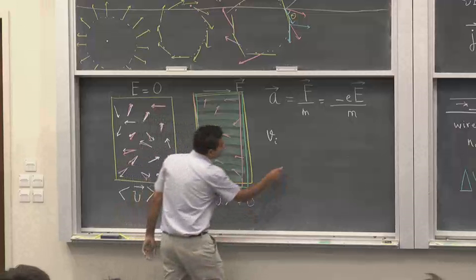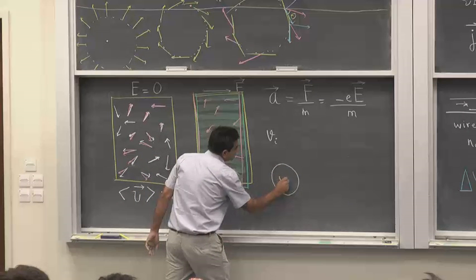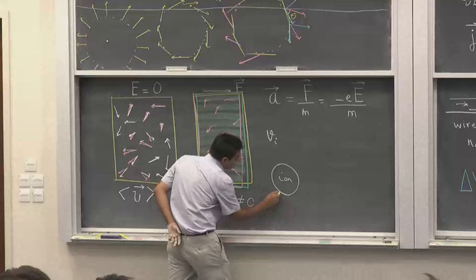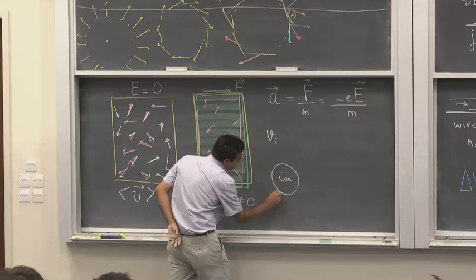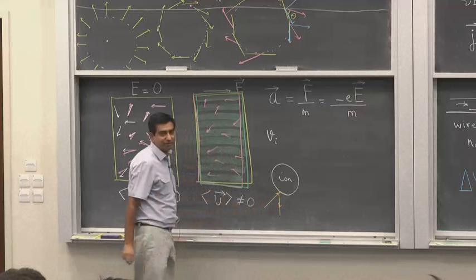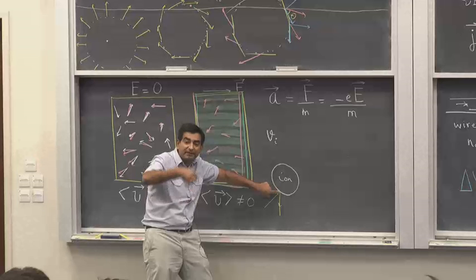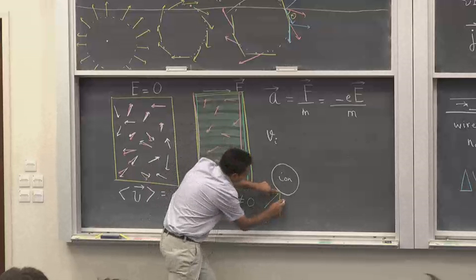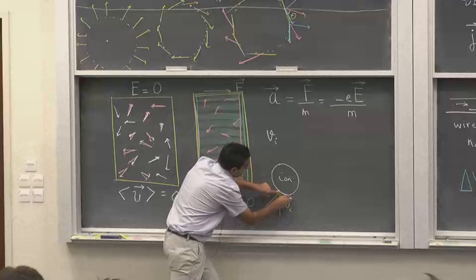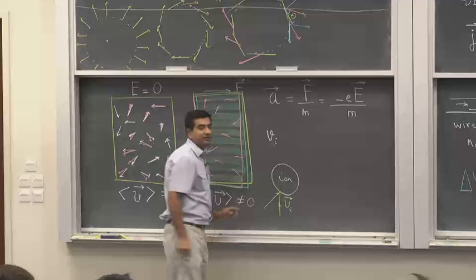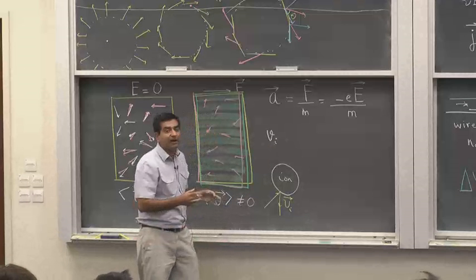So when an electron makes a collision with an ion, with an ionic core, the electron makes a collision and starts moving in a new direction. So the velocity at the point of the collision where the scattering takes place, I call that the initial velocity, right? So this initial velocity is a large number.